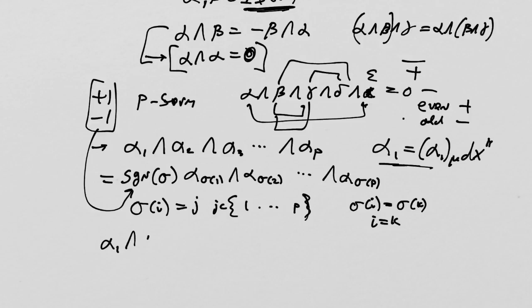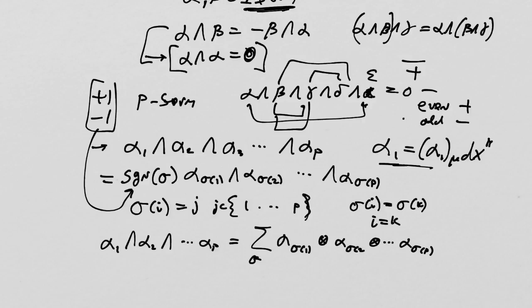We could write alpha 1 wedge alpha 2 wedge ... alpha p equals the sum over all permutations of alpha permutation of 1, tensor product alpha permutation of 2, tensor product alpha permutation of p, and this whole thing has to be multiplied by the signature of the permutation.